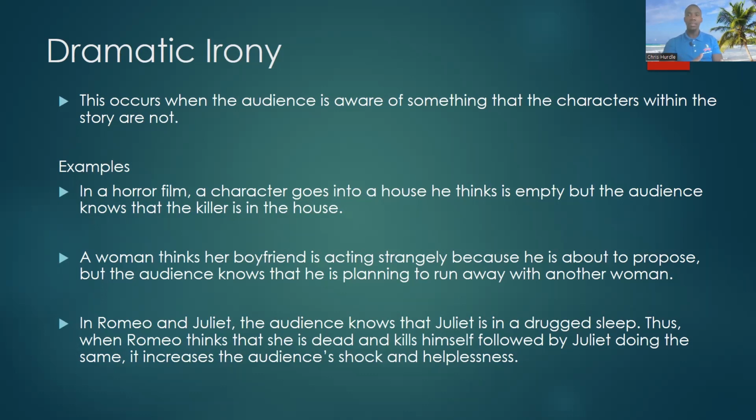But we, as the audience, know that she's asleep, but he doesn't know that. So it just makes us feel like, oh dear, right? Dude, she's asleep. She's not dead. You know, it makes you feel you would jump out of your chair and knock some sense into him, right? But yeah, you can't do that, obviously.